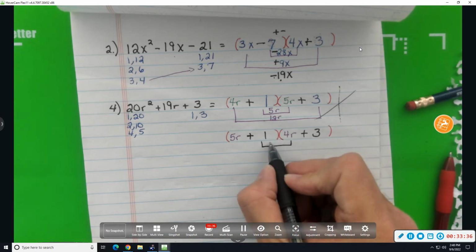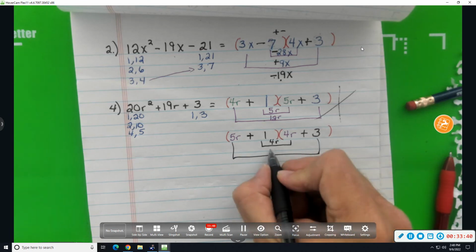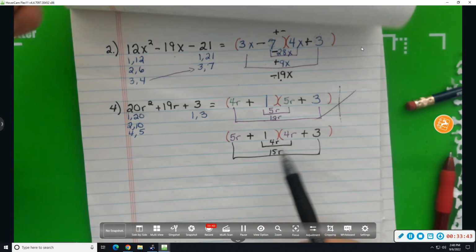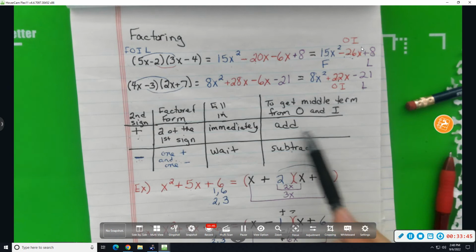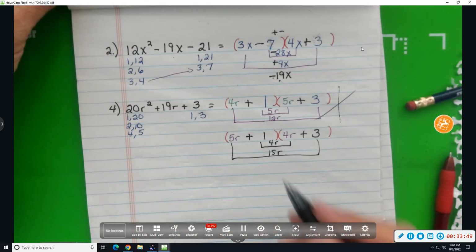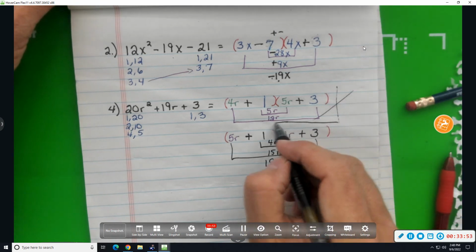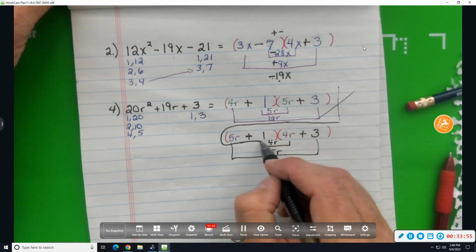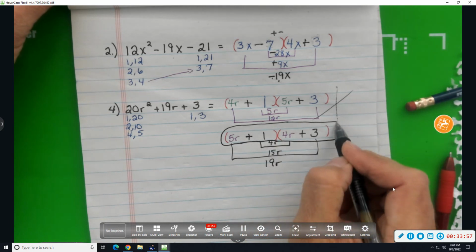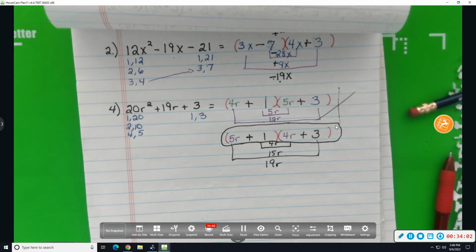I'll have a 4R and a 15R. Do those numbers add together to give me a 19R? Yeah. So I found it. It's called trial and error because you try something, and if that doesn't work, you try something else. Yeah, unfortunately, that's why it's called trial and error.